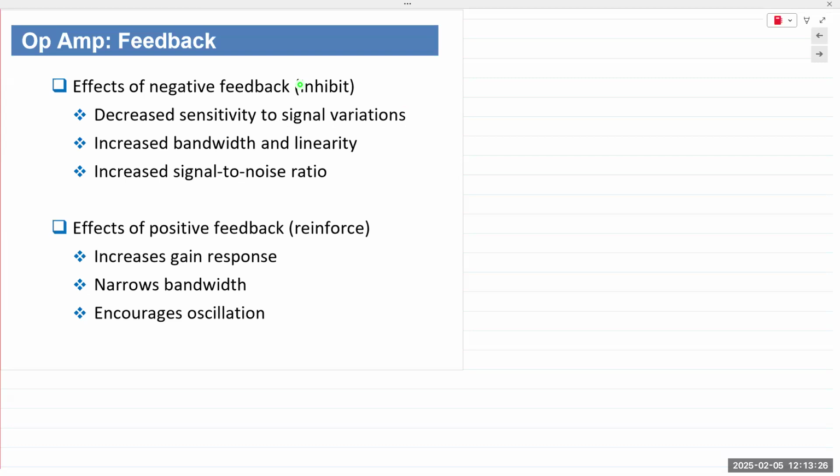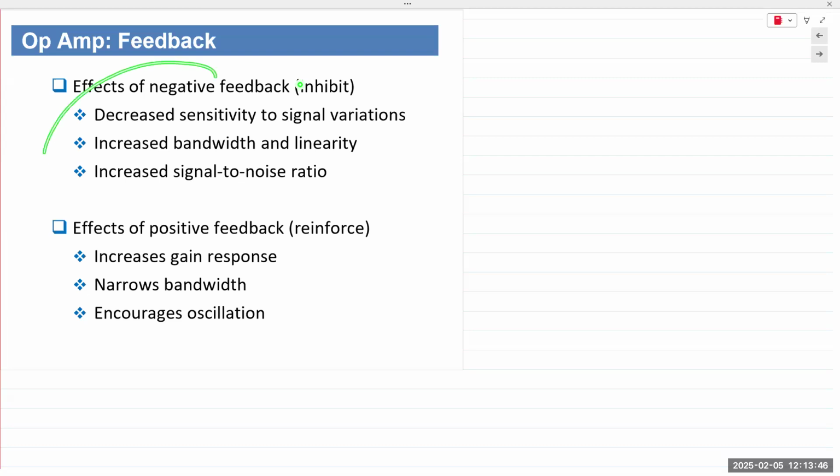This is particularly important, again, because noise signals will appear equally at both terminals. Okay, so we want the OpAmp to amplify the difference between the two terminals, thus eliminating the noise signals. So SNR values are higher in negative feedback.